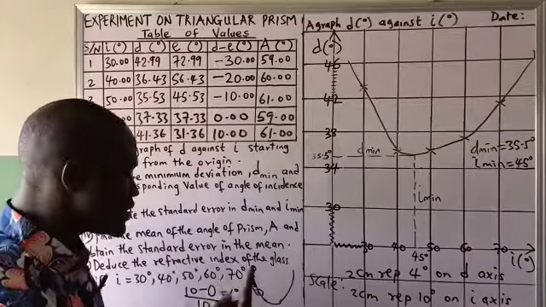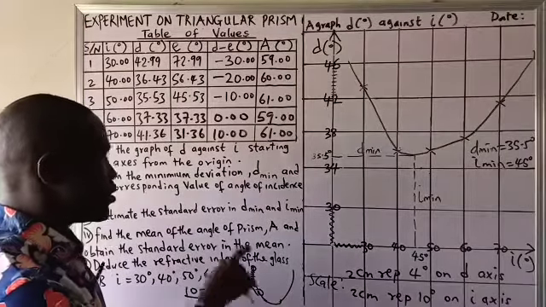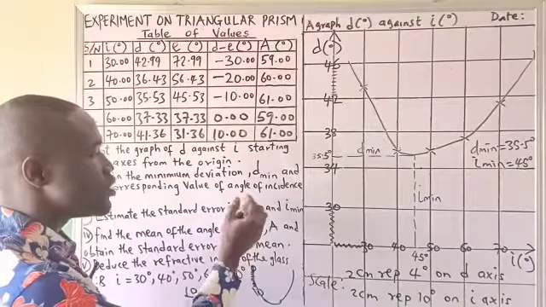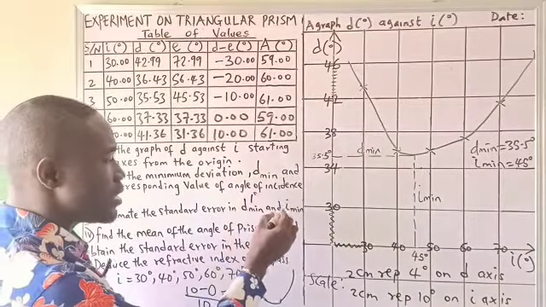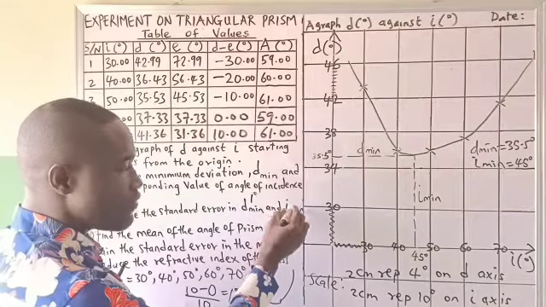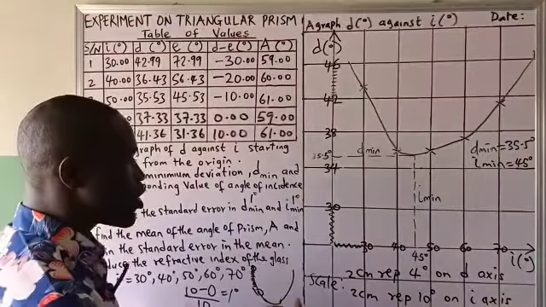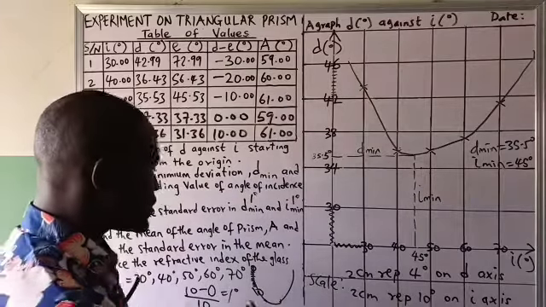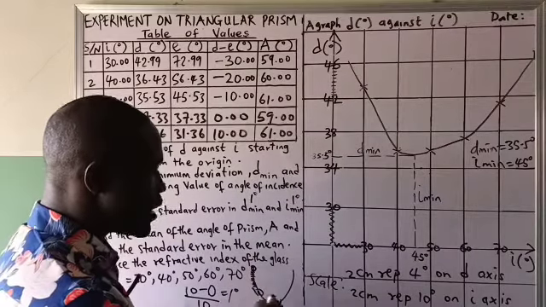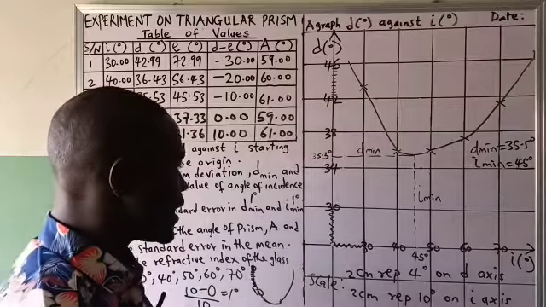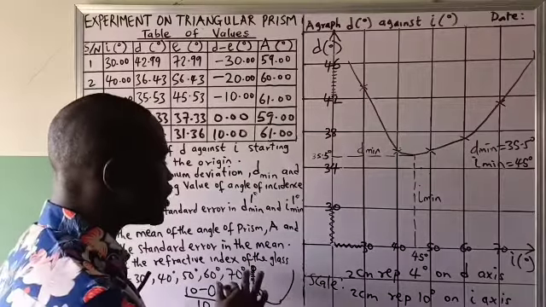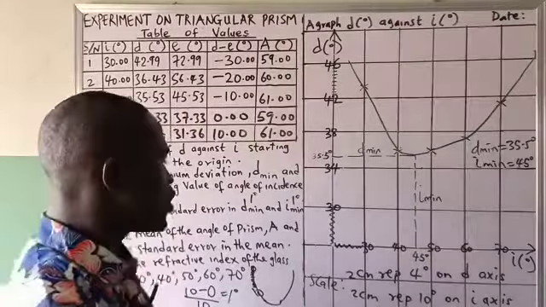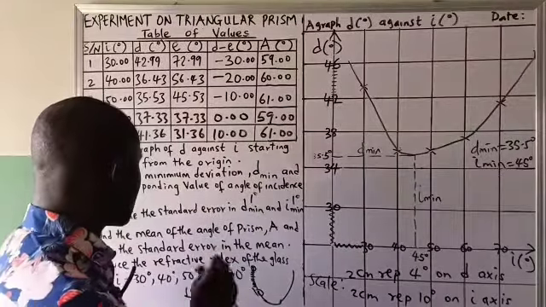It means that the least angle you can get, which is the minimum deviation, is 1 degree, and the angle of incidence is 1 degree, because that is the least value of theta you can get from the instrument called protractor, for instance. So in an instrument used for measuring angle, the least value you can get there is 1 degree. So you just write 1 degree here.